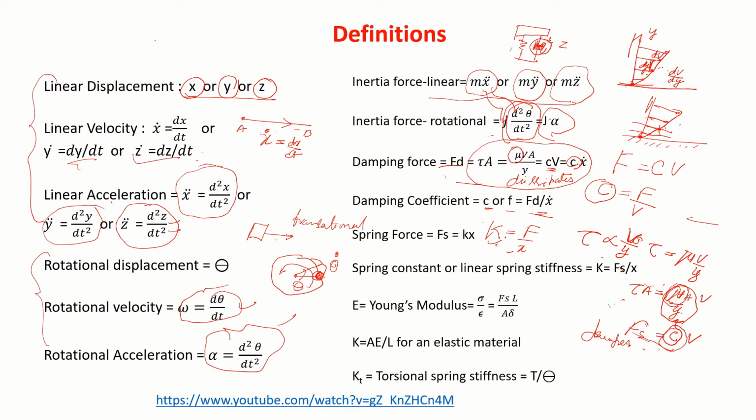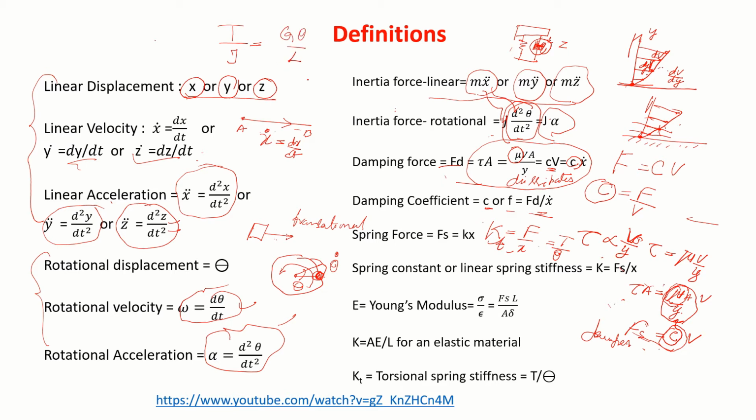In a linear system, you can define like this. If it is a rotational one, then for the torsional stiffness constant, instead of force, I should use torque, and instead of linear displacement, I should use theta. Correct? If it is a rotational system. You have studied about the shaft: T by J is equal to G theta by L for a shaft.